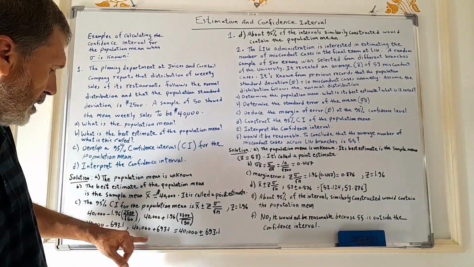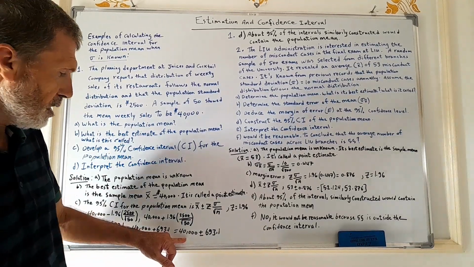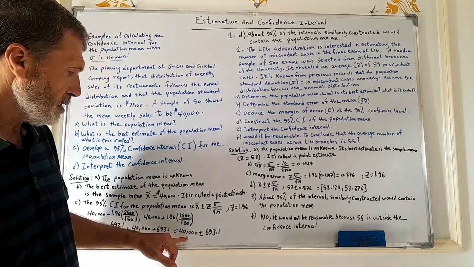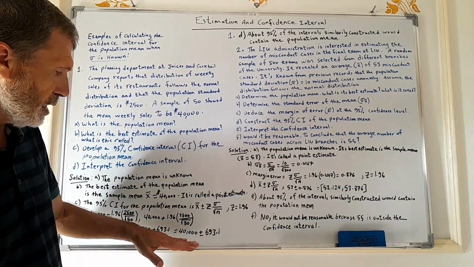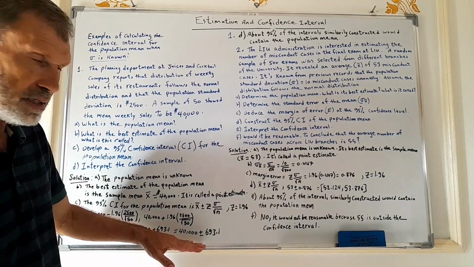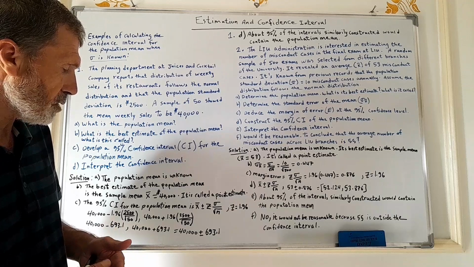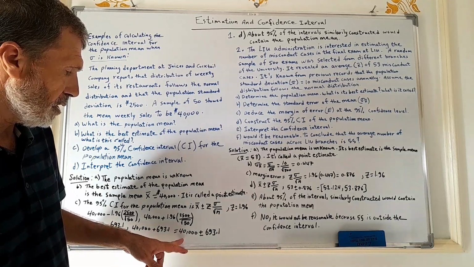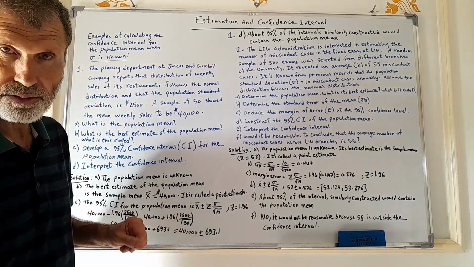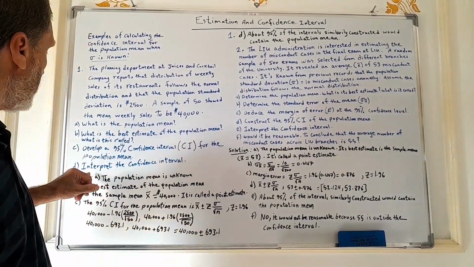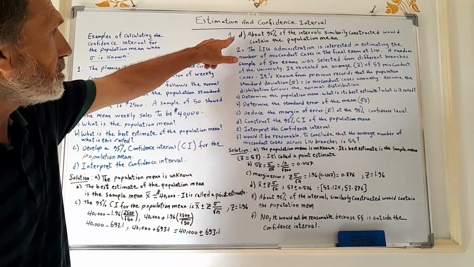We get the lower limit and the upper limit, and we can write them as 40,000 plus or minus 693.1. This is the interval within which we are sure the population mean is included. Now, interpret the confidence interval.